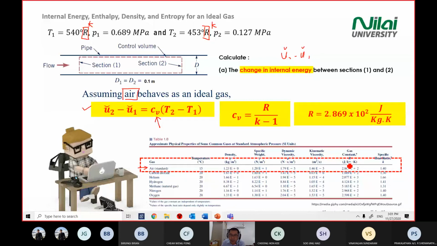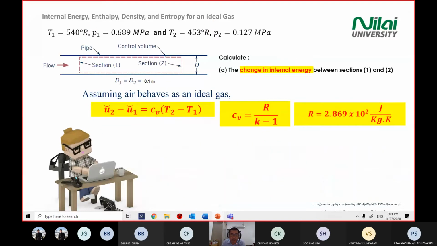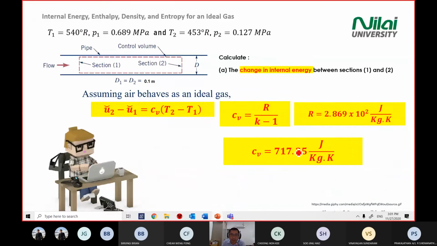The unit is joule over kilogram Kelvin. K is already given, which is 1.4. You substitute these in and you get CV, 717.25. The unit is joule over kilogram Kelvin.